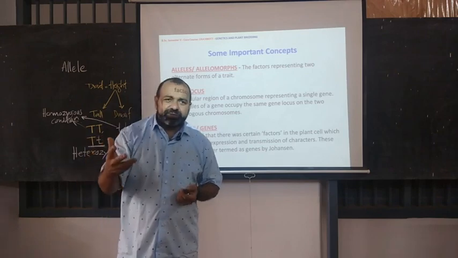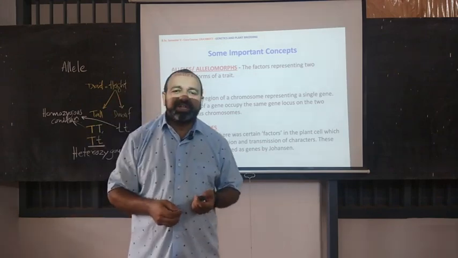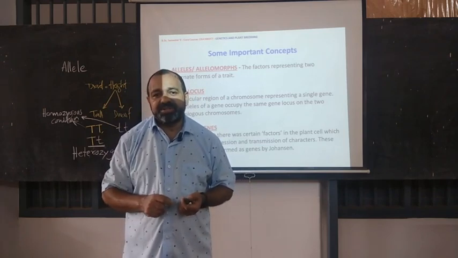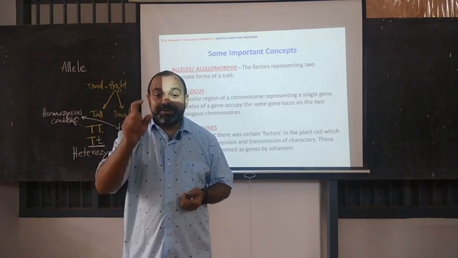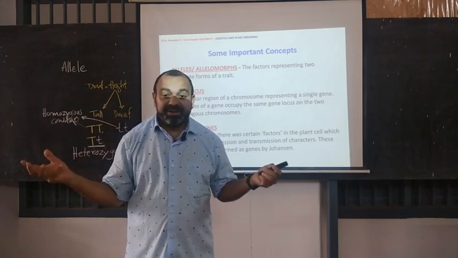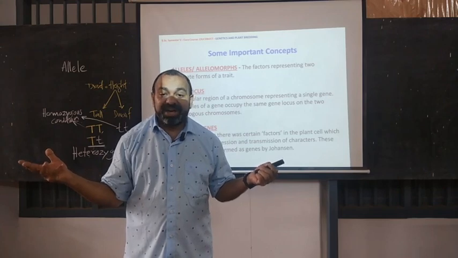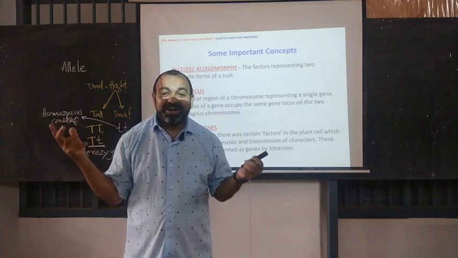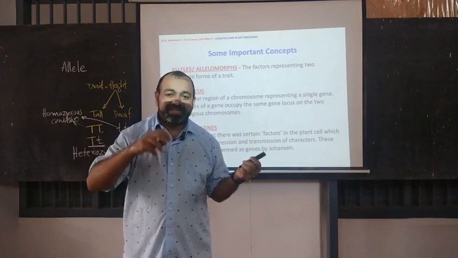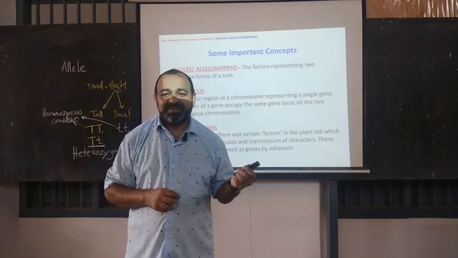And we know, in human beings we have 23 pairs of chromosomes. But the number of traits or characters exhibited by human beings are several times more than these 23 pairs.